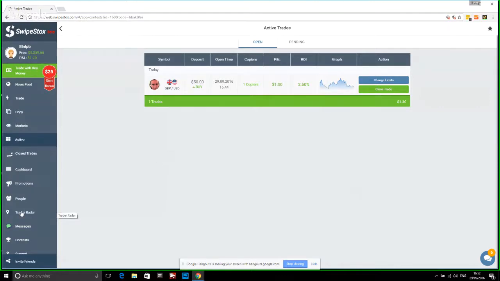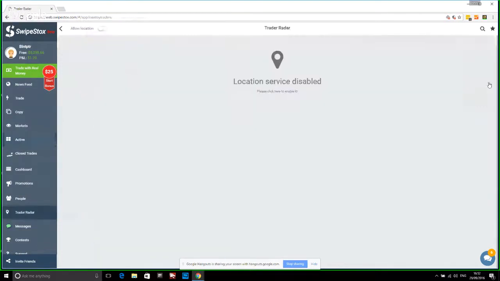You can also look for friends, not just with the Tradimo tag or by browsing through the list, but also you can enable your location and then look for local traders. Could also be interesting if you like to hang out with like-minded people.